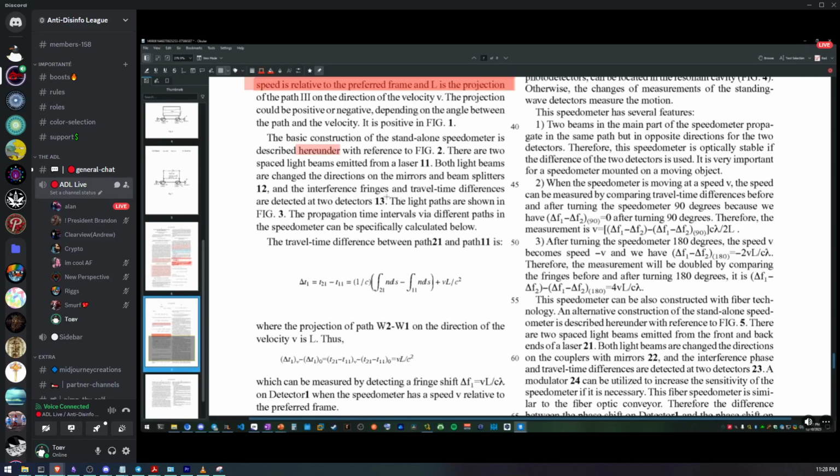So I think that's probably just for precision. I'm assuming that it has least squares regression. I'm just kind of joking, but yeah, so you could compare it, right? The light paths are shown in figure 3. The propagation time intervals via different paths in the speedometer can be specifically calculated below.